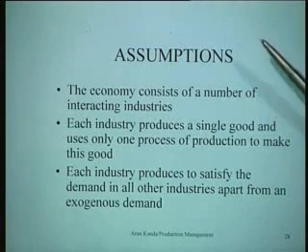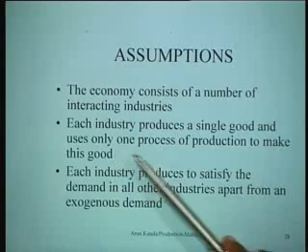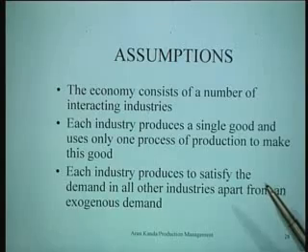Now, one assumption that is made here is that each industry produces a single good and uses only one process of production to make this good. For instance, if I divide the economy into various sectors, and let's say the automobile sector is one of them, then for purposes of macro planning, I would not say that the automobile sector produces cars, jeeps, two-wheelers, three-wheelers and so on, which are all different kinds of items, right?